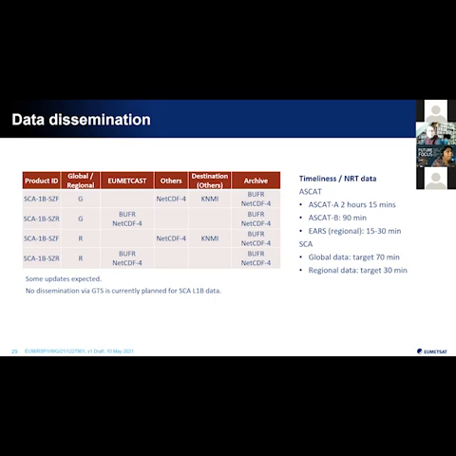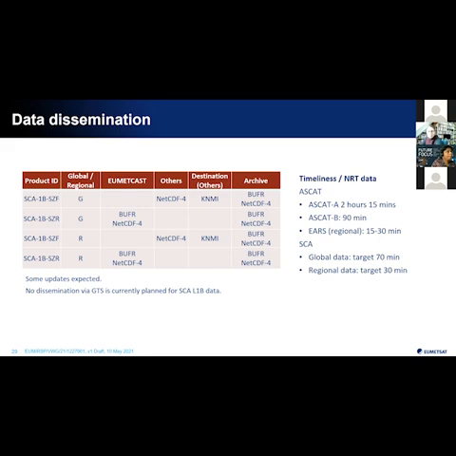And the full resolution data will go to KNMI for the winds processing. And everything will go into the archive, so it can be downloaded from the archive. Currently, we are not planning any dissemination on the GTS for SCA level 1B data, because we don't really see any demand for that. But if there is any, then I will be happy to hear from it, so I can maybe change it.